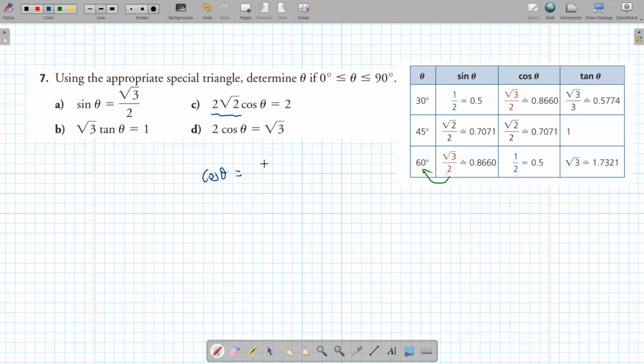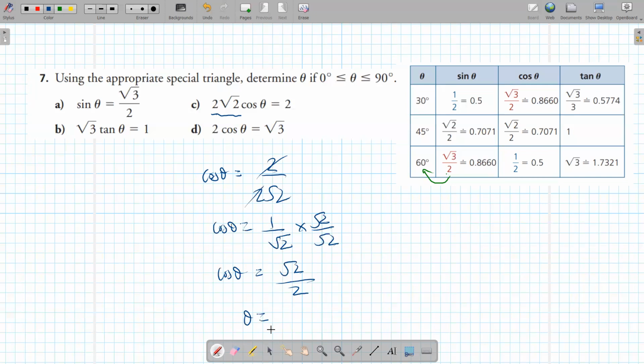By what? The whole thing, right? You get 2 over 2 root 2. This cancels out, so now we have cos theta is 1 over root 2. Let's rationalize this. What do we multiply that by? Root 2. Like that. So you get cos theta is root 2 over 2. So what's theta? 45. Yeah, and just like that, you're done.